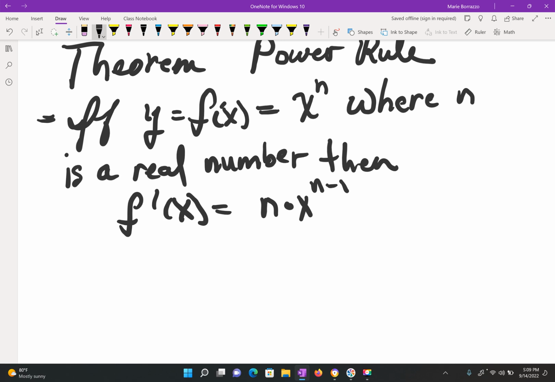It's the same thing whether it's y prime or dy over dx or d over dx, same thing.